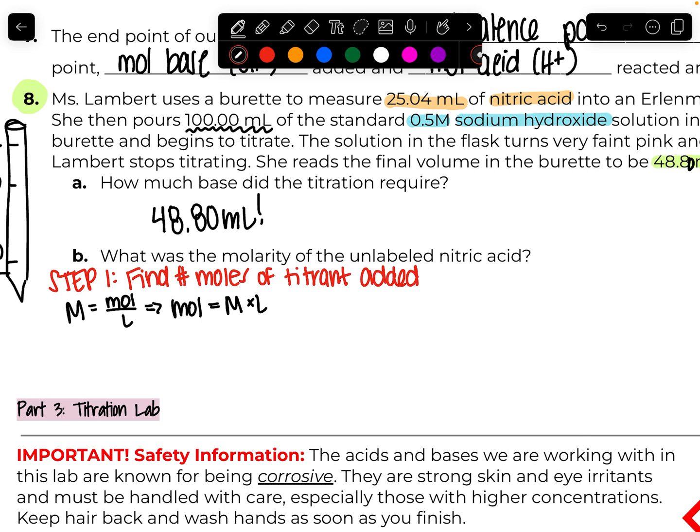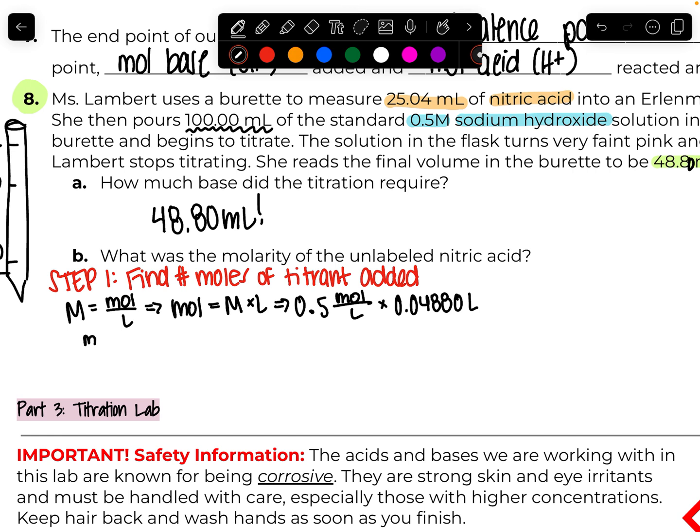So the molarity of my base was 0.5 molar. So 0.5 moles per liter was the molarity of my base. I know that I added in 48.80 milliliters. So now I have to multiply this by my volume, but I need my units to be the same, so I got to convert that to liters. So 0.0488 liters.